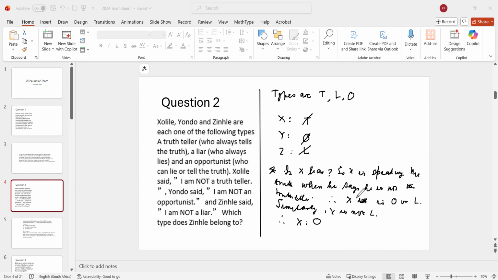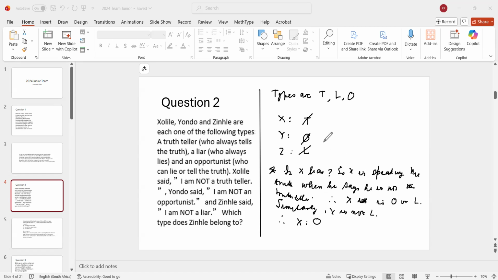Right? Now, the question is, Zinschler says is not a liar.